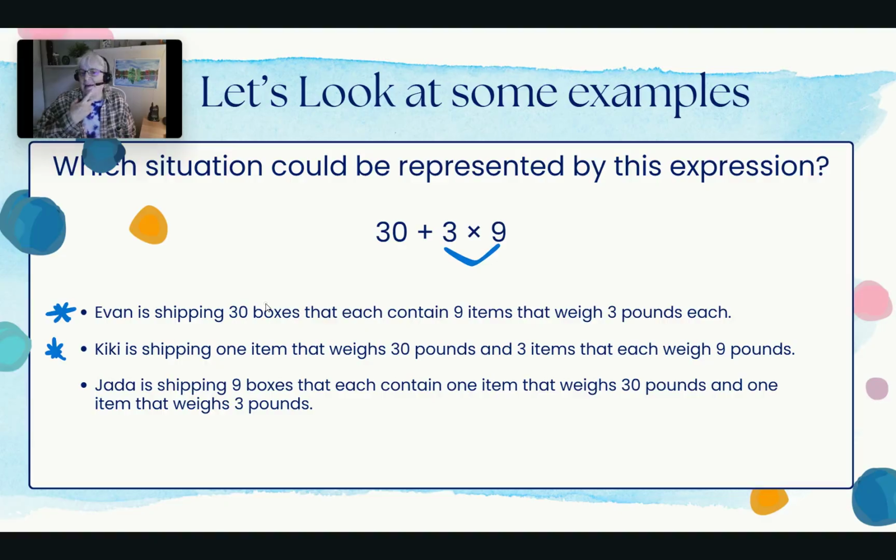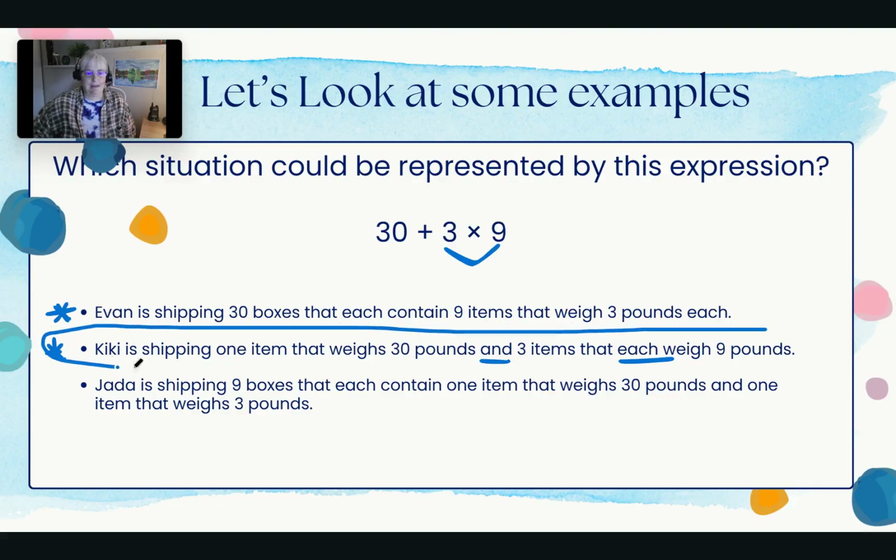And that's not what's happening. Let's look at Kiki's again. Kiki is shipping 1 item that weighs 30 pounds. Okay. And 3 items that each weigh 9 pounds. Oh, each weigh. So here we have 3 times 9 and plus 30. If you guessed this one, you are correct.